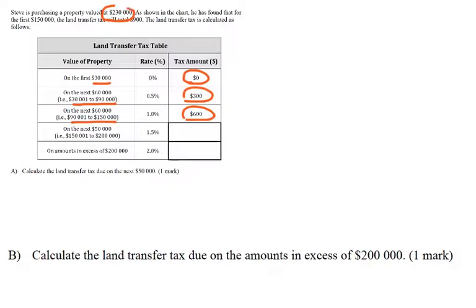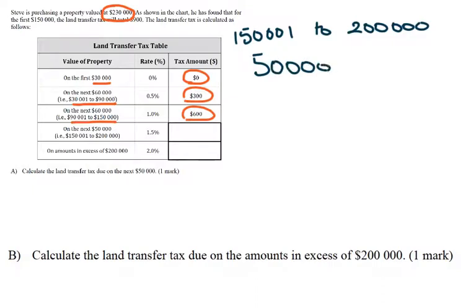Remember, the value of his house is 230. So for the $50,000, so from 150 to 200,000, right? He has $50,000, and the rate that we have here is 1.5%. So 1.5%, we need to convert that into a decimal by dividing by 100.